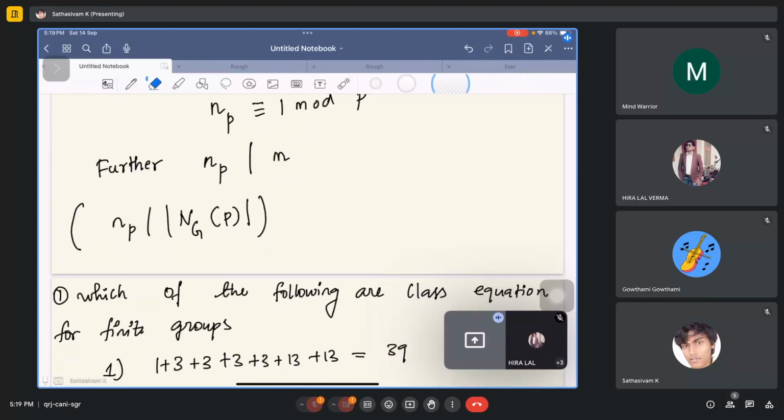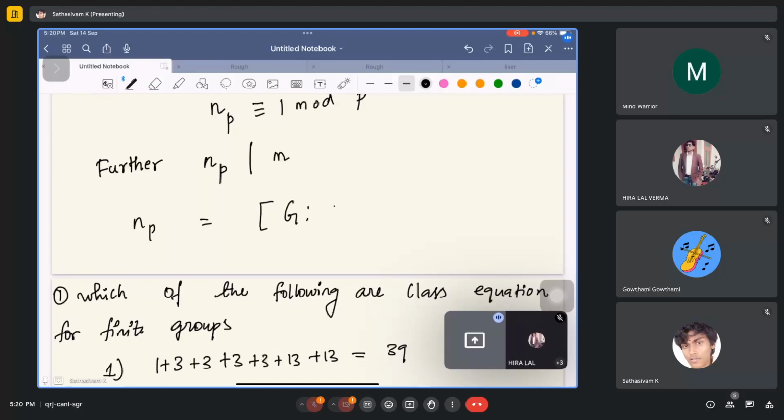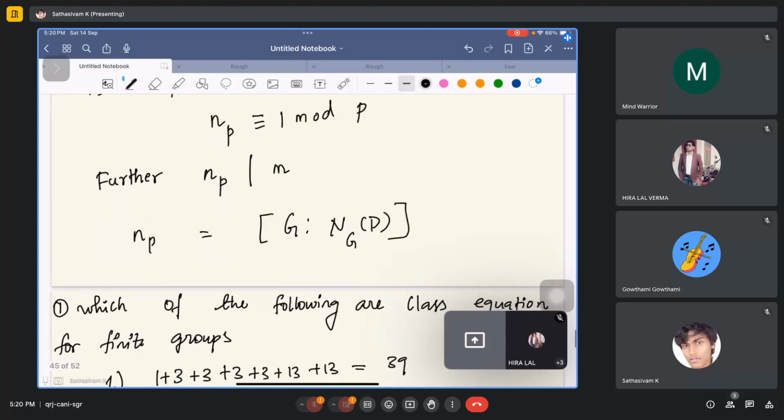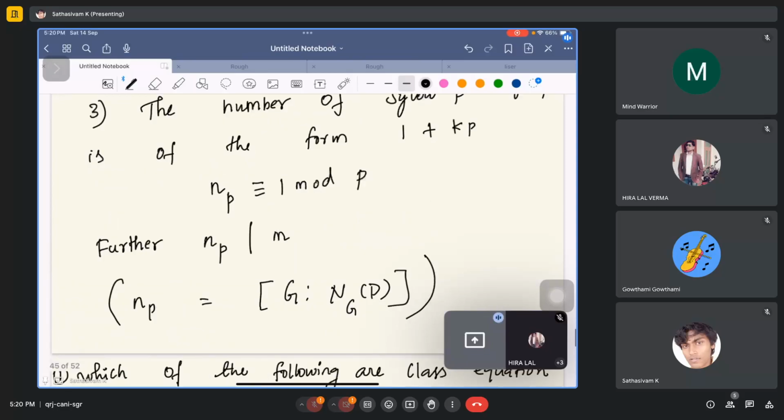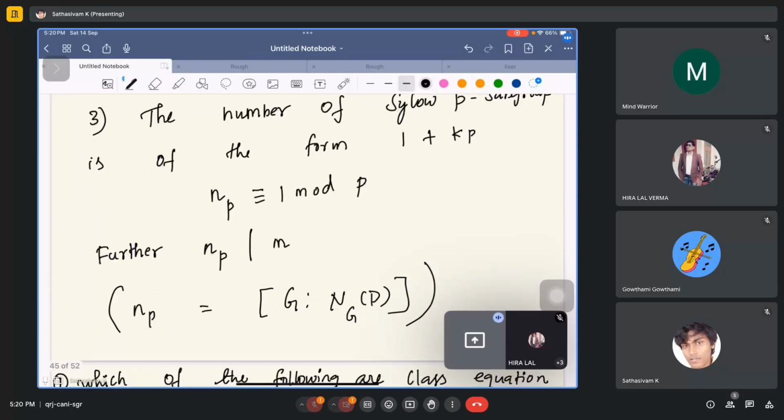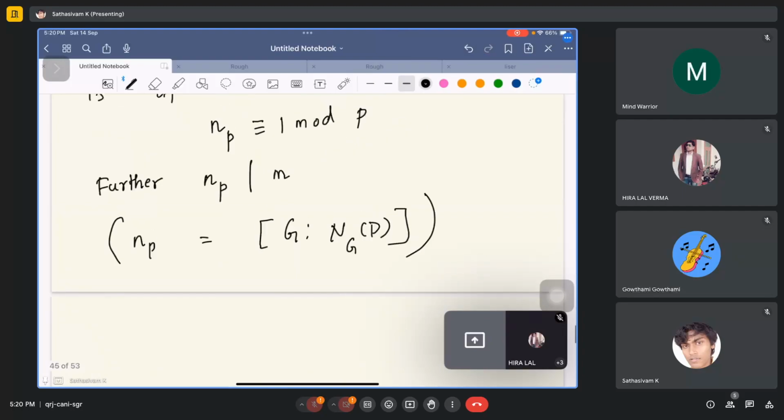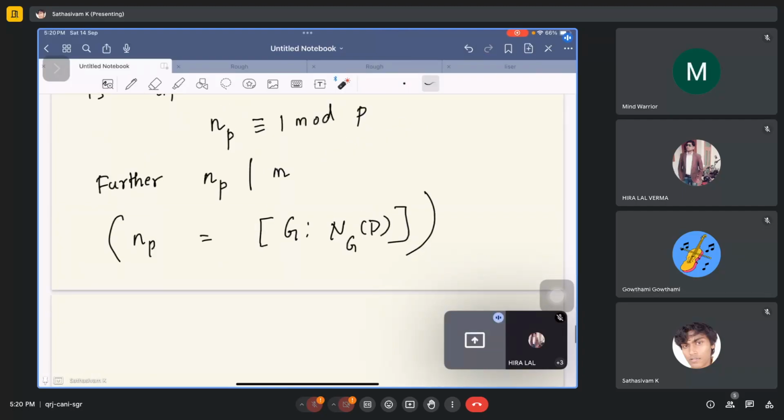In fact, you can write it as Np is the index of the normalizer, so it is the index of the normalizer G of P in G. But we won't usually use this statement, unless you know the group, then you can compute the normalizer.